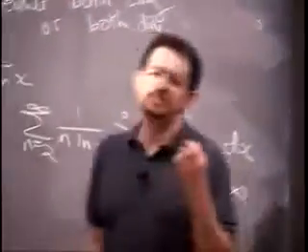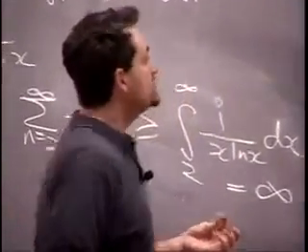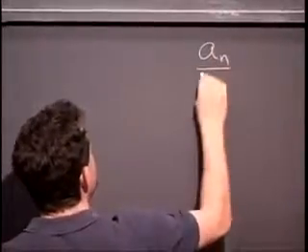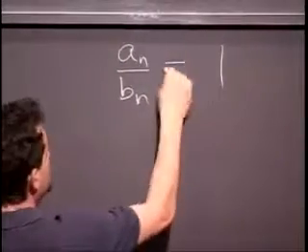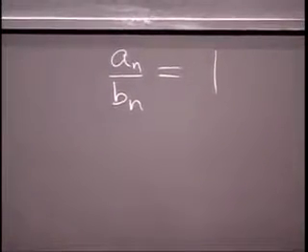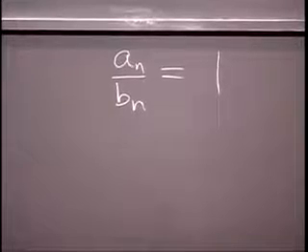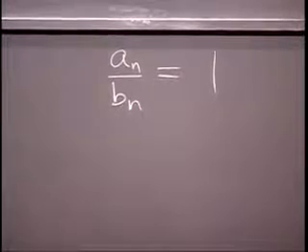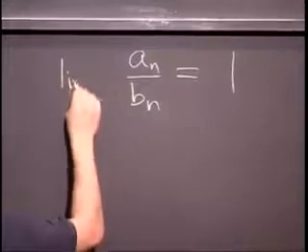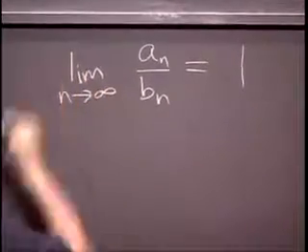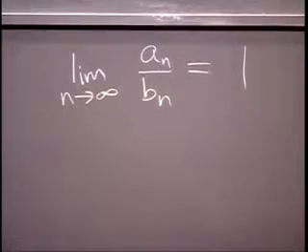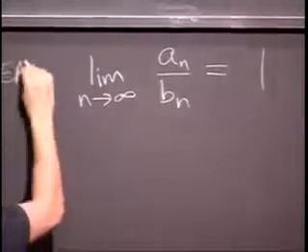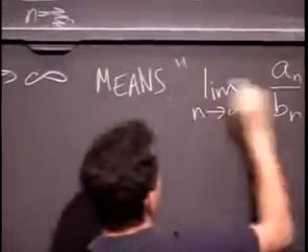If a_n actually equals b_n, then the ratio a_n over b_n would actually equal 1. But that's a little bit too much to expect. After all, they don't have to be equal. They have to be almost equal, in a way. So it's this: the limit of the ratio is 1. So this means, I'll put them in quotes.